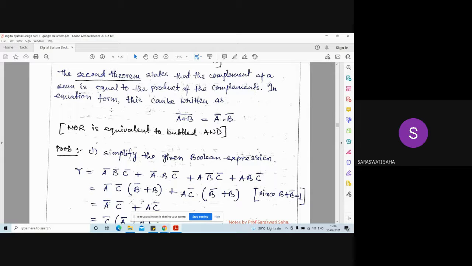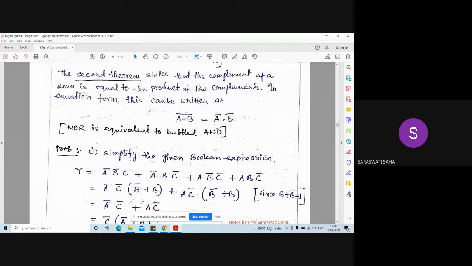In equation form, this can be written as (A plus B) complement, where the operation inside is OR, and it will be equal to A naught dot B naught.